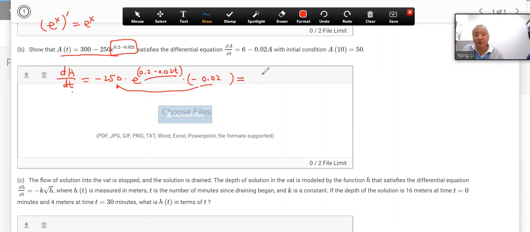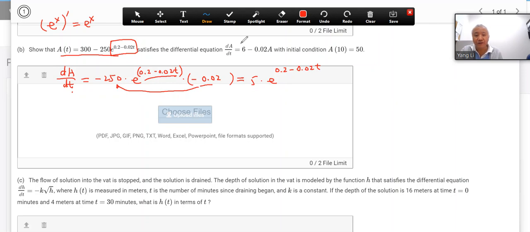So you will get 5 times e to the 0.2 minus 0.02t. So dA over dt equals this already.